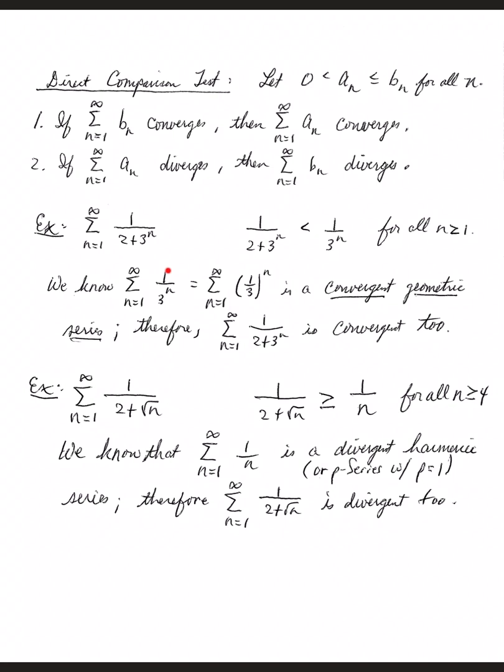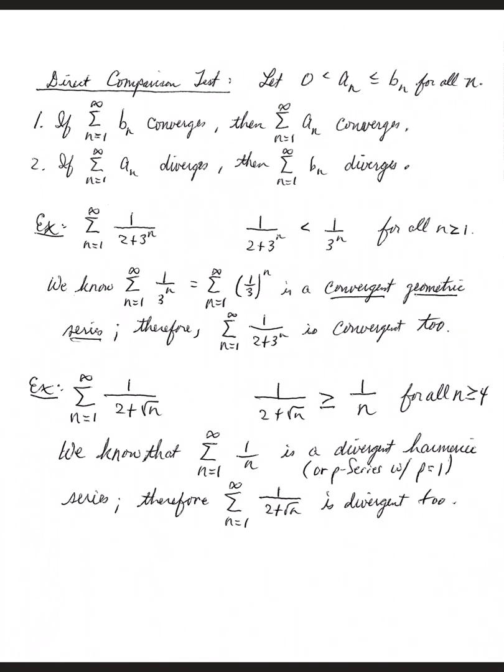So we know that 1 over 3 to the n can be written as (1/3) to the n. That r value from a geometric series would be 1/3. Since that's less than 1, we have a convergent geometric series. Therefore, by direct comparison test, the original infinite series is convergent too.